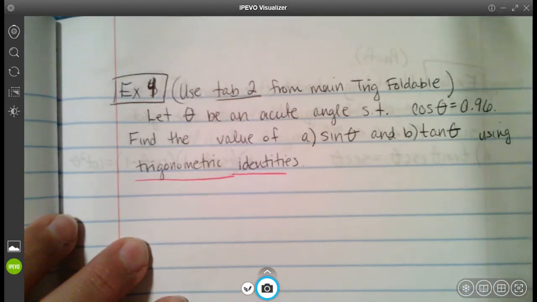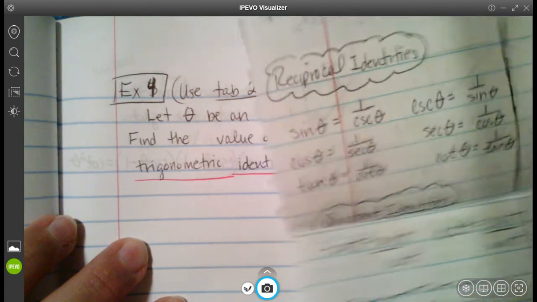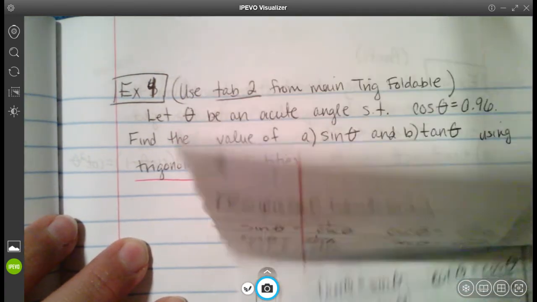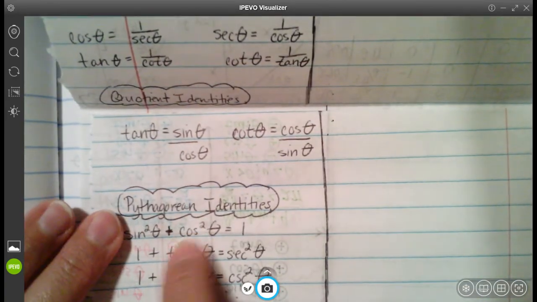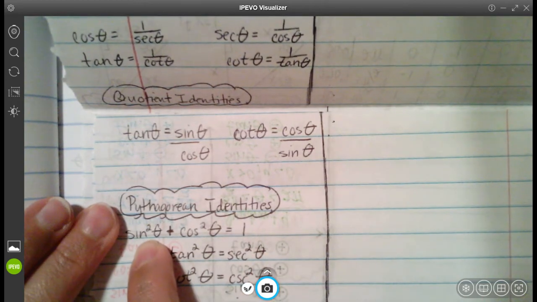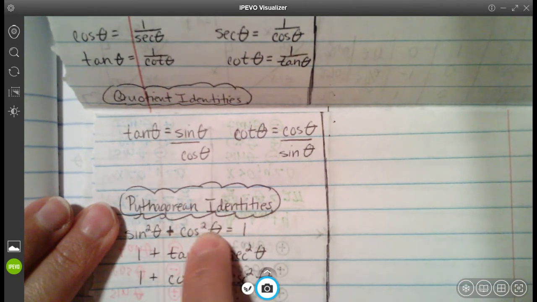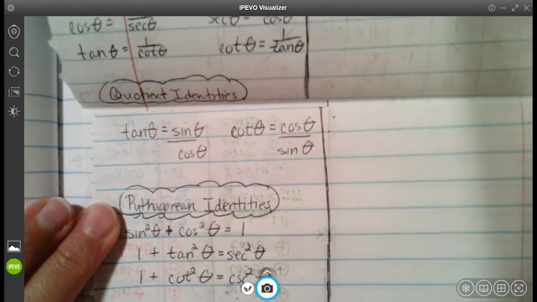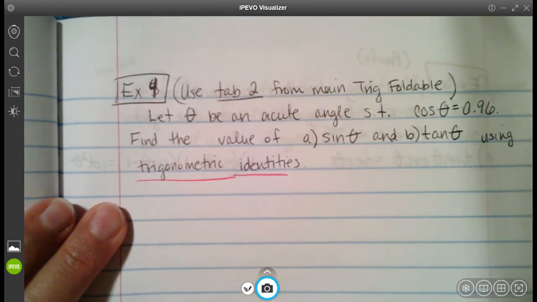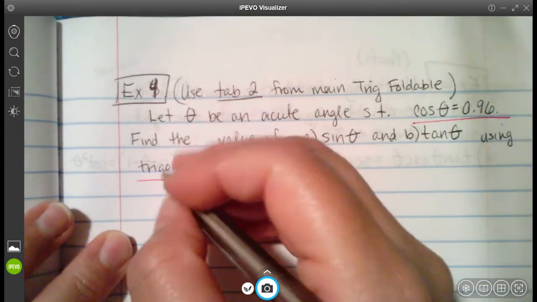Okay, so let's go ahead and take a look at cosine of theta. I really can't replace cosine of theta with anything, but I do know that cosine is in this Pythagorean identity here, where sine squared theta plus cosine squared theta equals 1. Okay, so what I'm going to do is plug this in to that identity.